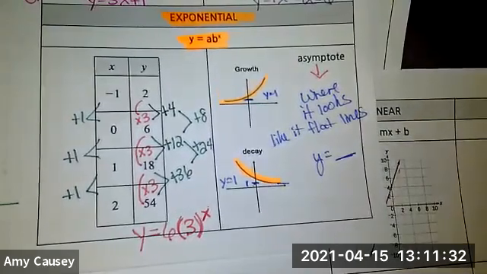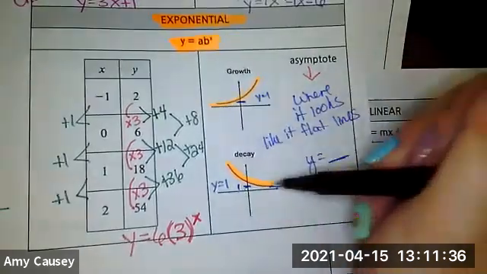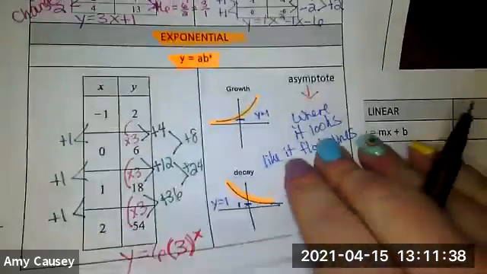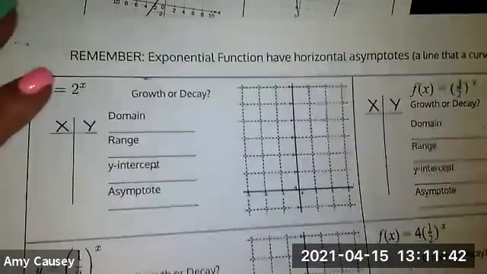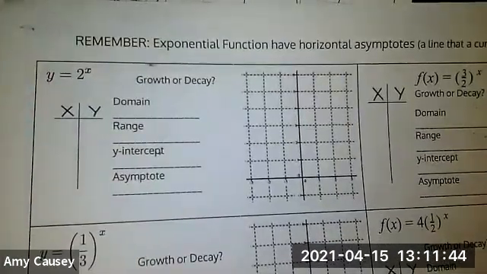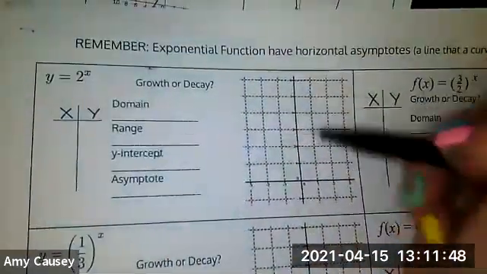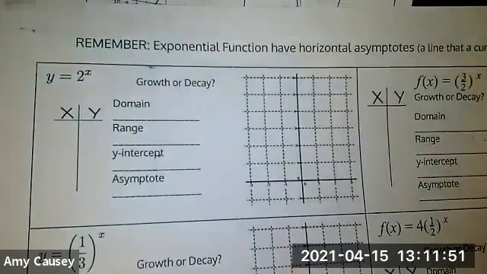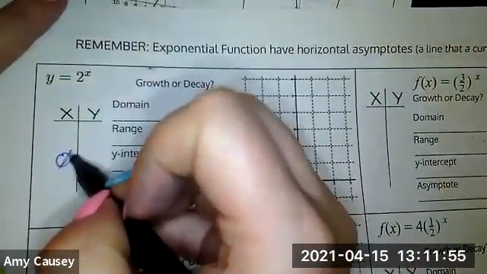You also need to be able to tell if it's growth or decay. So you need to be able to tell if it's growing or decaying. So let's practice that. What you're going to do on these is you're first going to get some points so that way you can graph it. So let's start with, I don't know, let's start with 0.